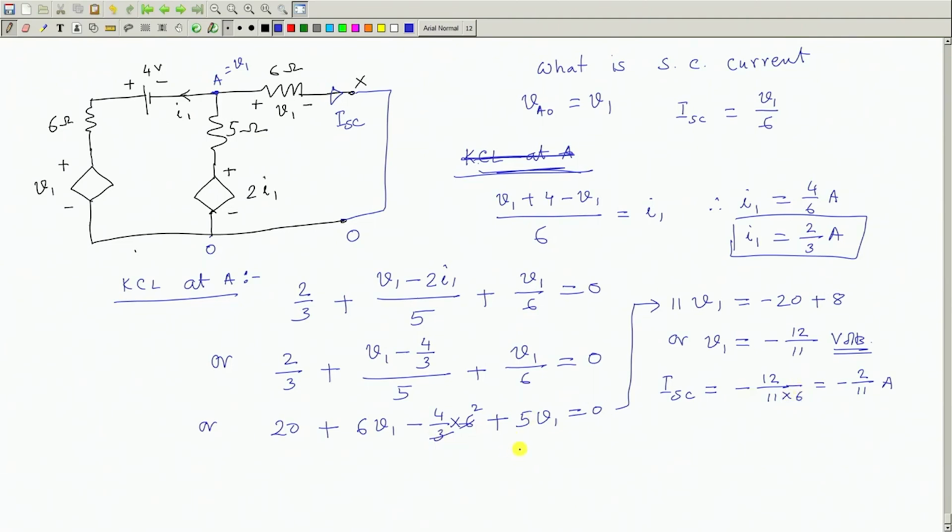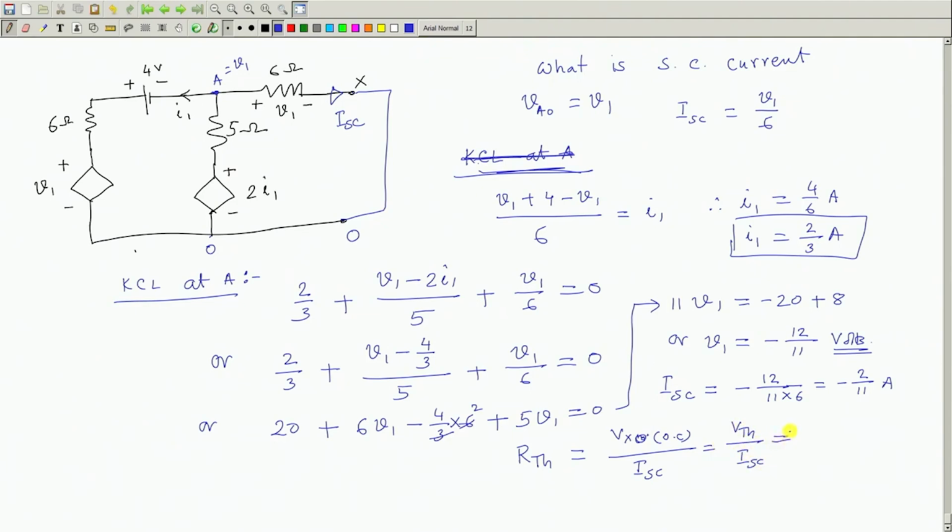Then I am telling R Thevenin's should be VOC, open circuit voltage, that is Thevenin's voltage, divided by ISC.